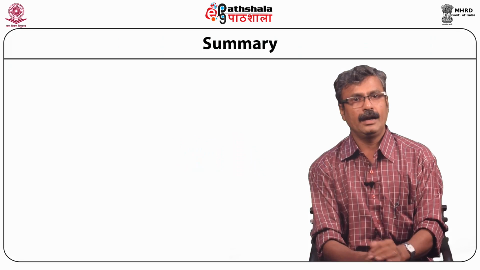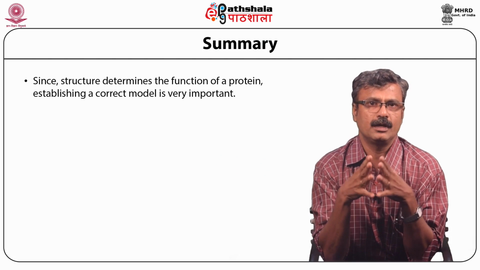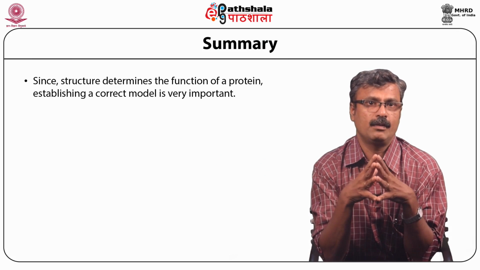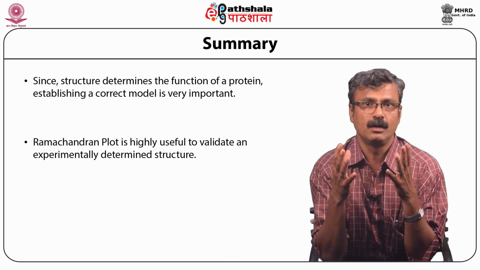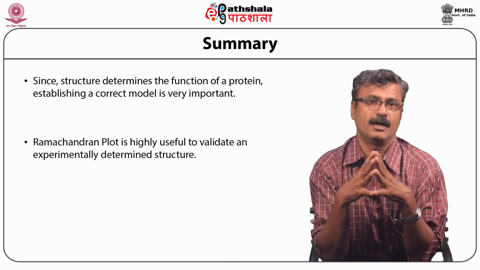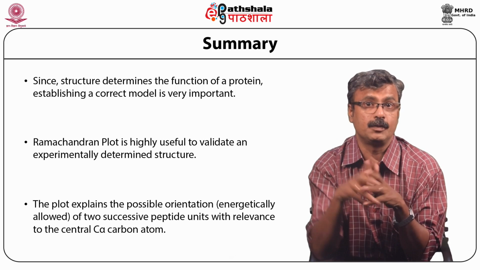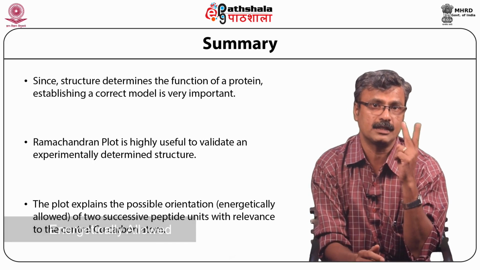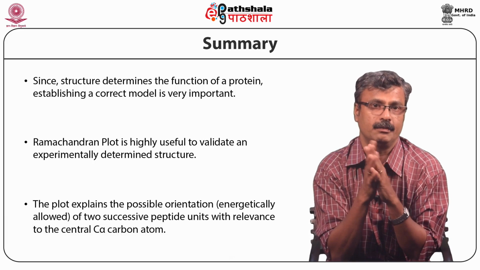That's the idea. Let us now summarize what we have learned in this module. Since structure determines the function of a protein, establishing a correct model is very important. The Ramachandran plot is highly useful to validate experimentally determined structures. The plot explains the possible orientations, which means energetically allowed, of two successive peptide units with relevance to the central C-alpha carbon atom.